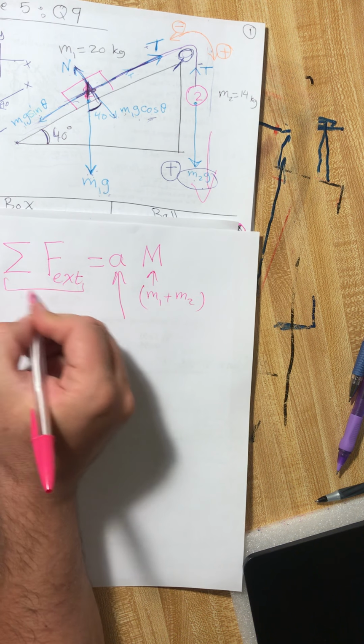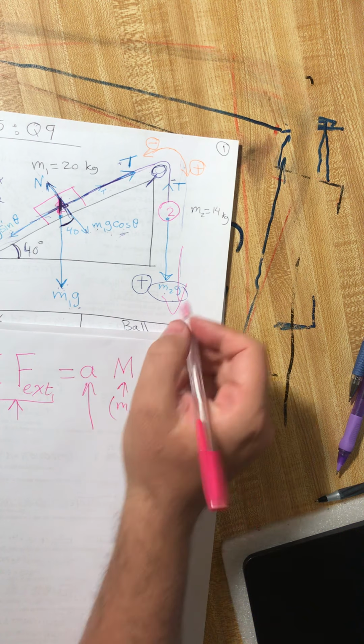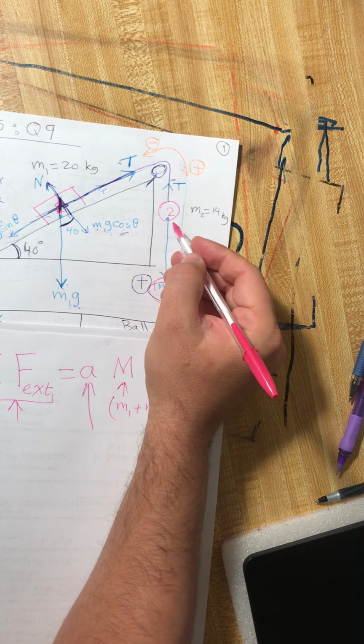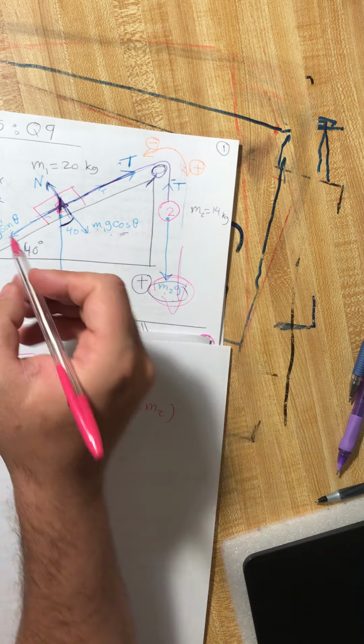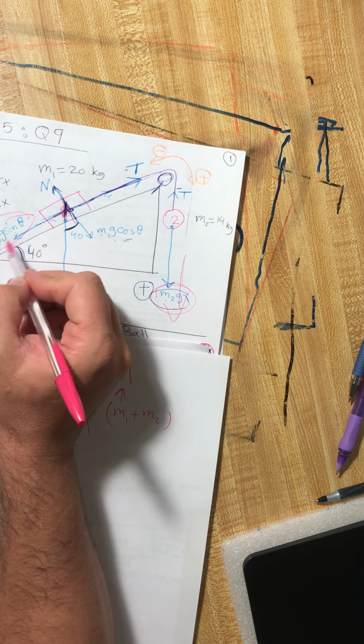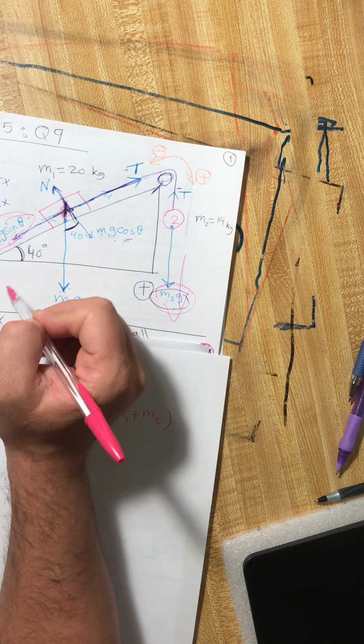The total external forces here are the weight of the ball and the effective weight for the box, which is the weight multiplied by sine theta.